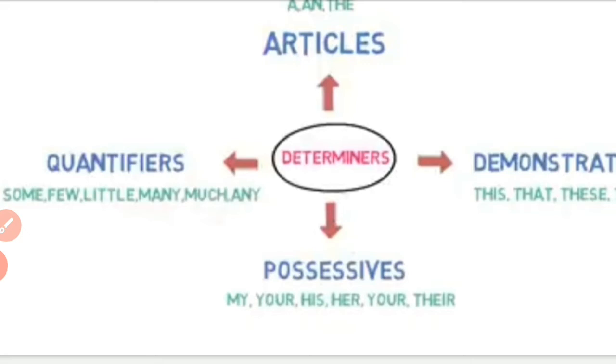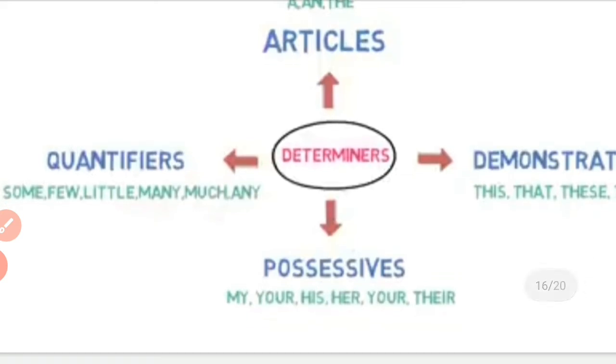Next is possessive. Possessive means ownership. The words which show this ownership are called possessives: my, your, his, her, your, their.